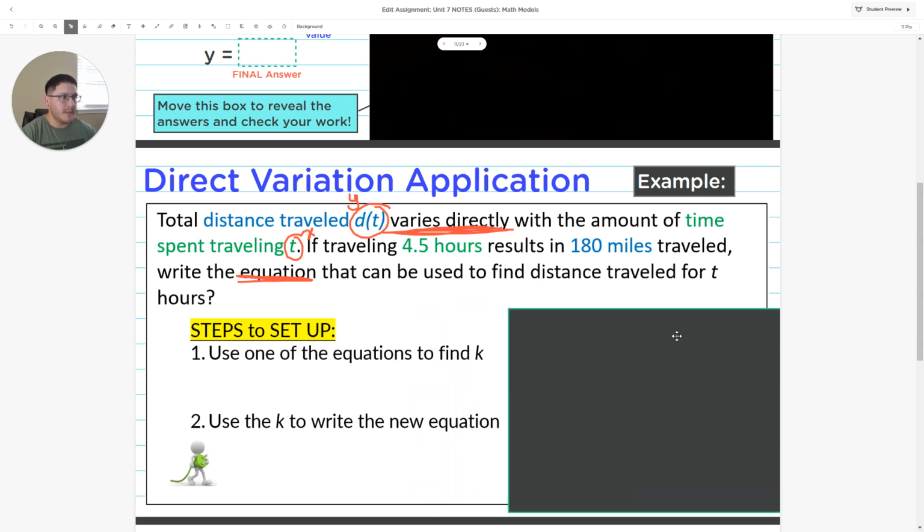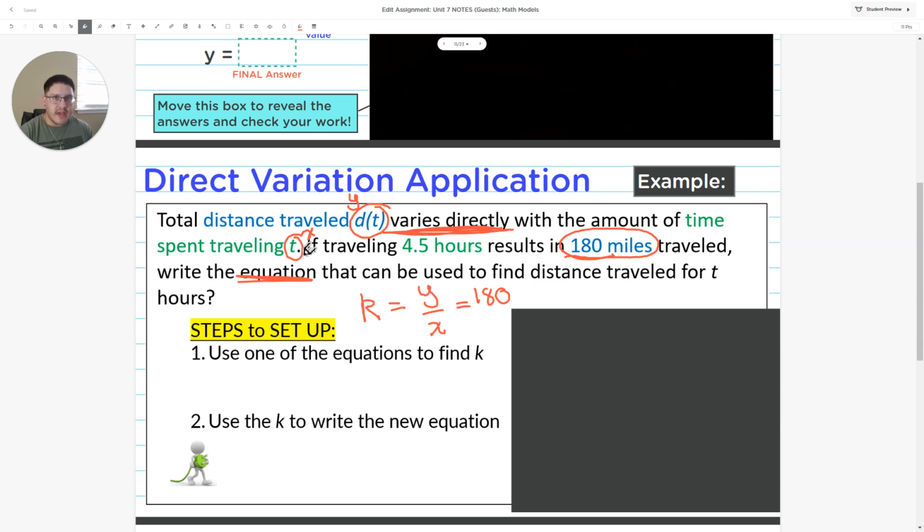First step is to use one of the equations to find k. Well, the easiest way to do that is to get k equals y divided by x. Now, what is y in our case? D of t, distance traveled. So the distance traveled is 180 miles. Now, what is x in this case?